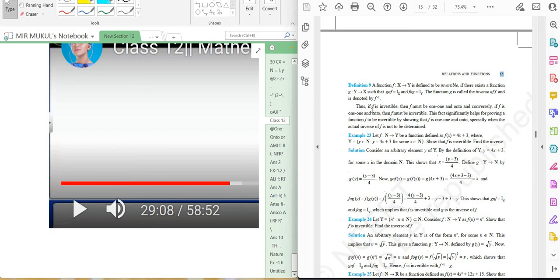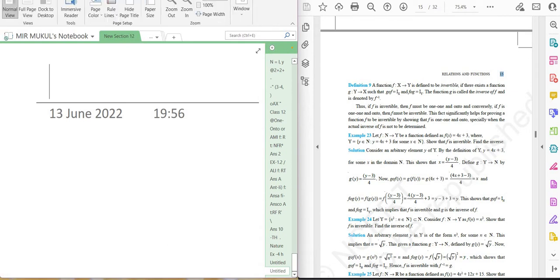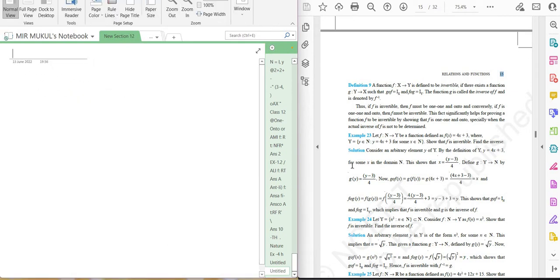In other words, if f is invertible, then f must be one-one and onto. And conversely, if f is one-one and onto, then f must be invertible. Sometimes we'll use this concept: we'll prove it is one-one and onto or not. If a function is one-one and also onto, then we can find the inverse of the function.